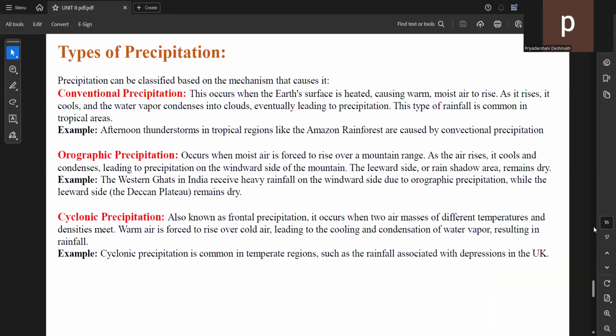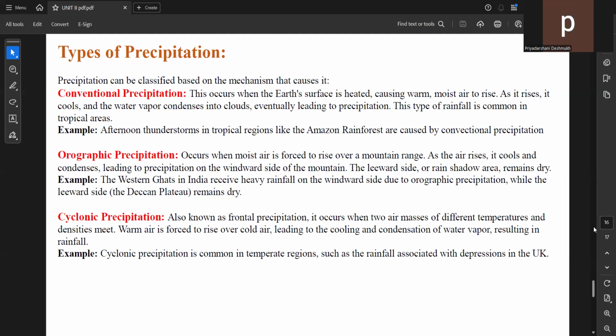Now, precipitation can be classified based on the mechanism that causes it. The first is convectional precipitation, the second is orographic precipitation, and the third is cyclonic precipitation.